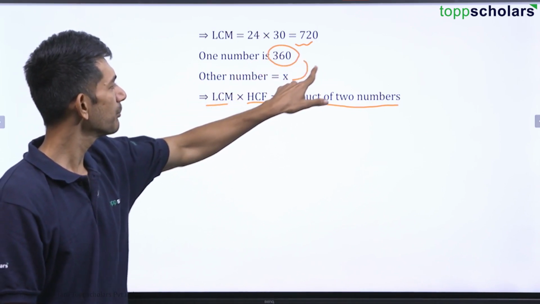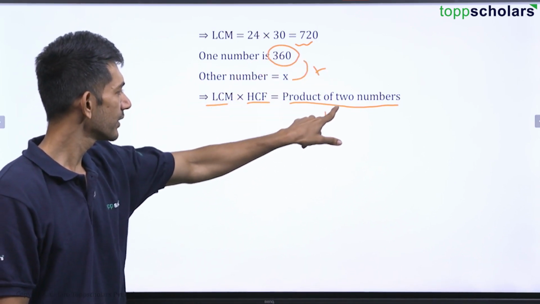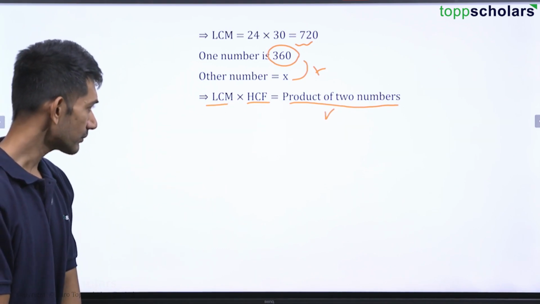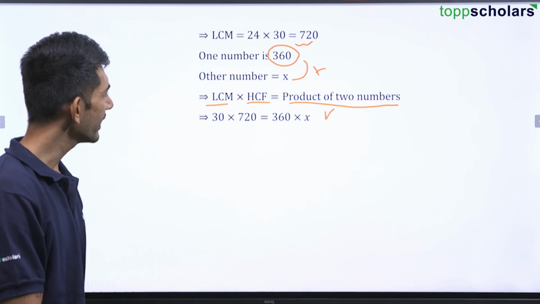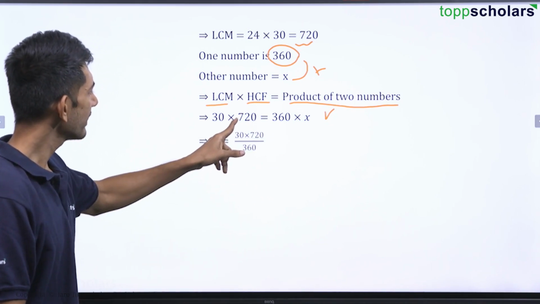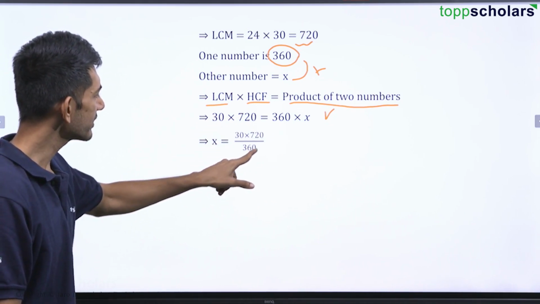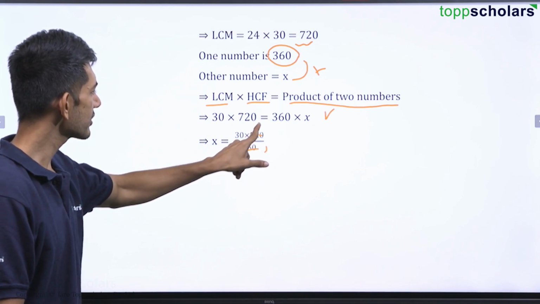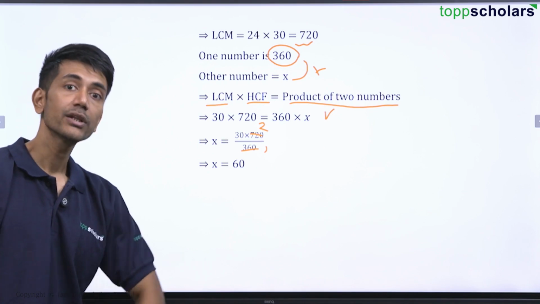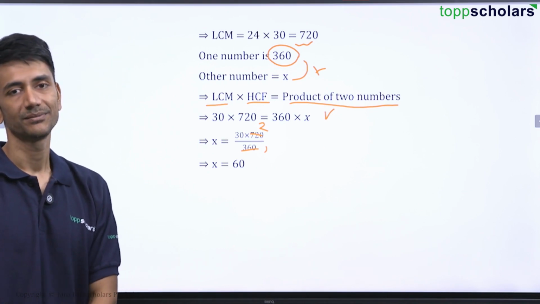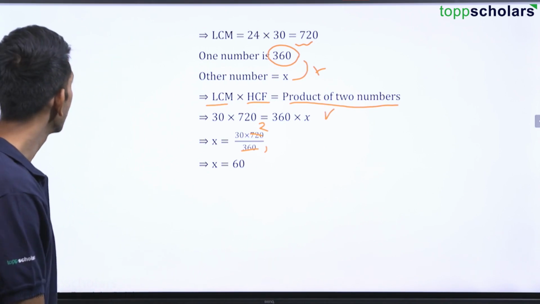So 360 multiplied by X will be equal to 720 multiplied by 30. X will be equal to 720 into 30 divided by 360. 360 ones are 360, 360 twos are 720, 2 times 30 is 60, 60 is the answer. So the other number is 60.